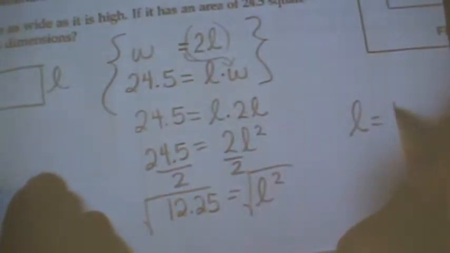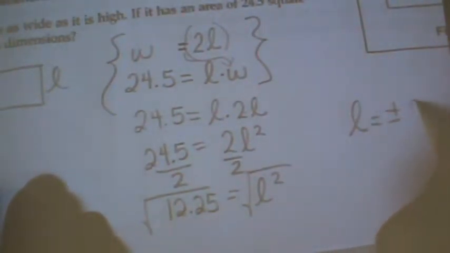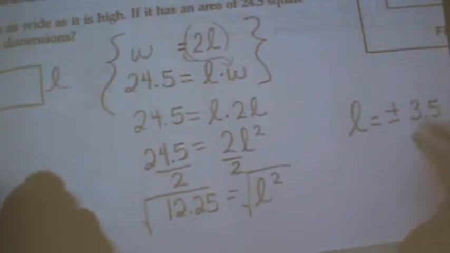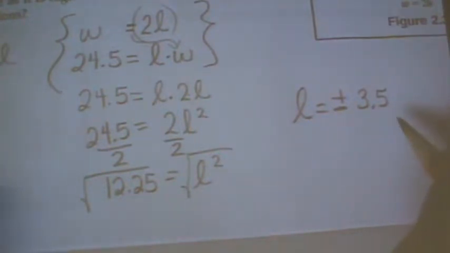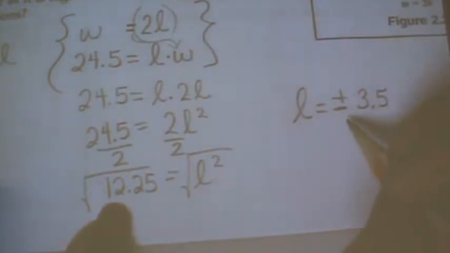And L is equal to plus or minus 3.5. But when you're dealing with real life situations, a lot of times you're gonna throw out the negative answer. It doesn't make sense to have a negative length. You can't have negative 3.5 inches or feet. So we're gonna cross out the negative answer and just use the positive 3.5.